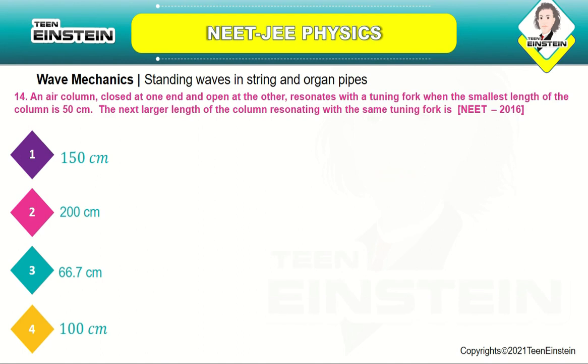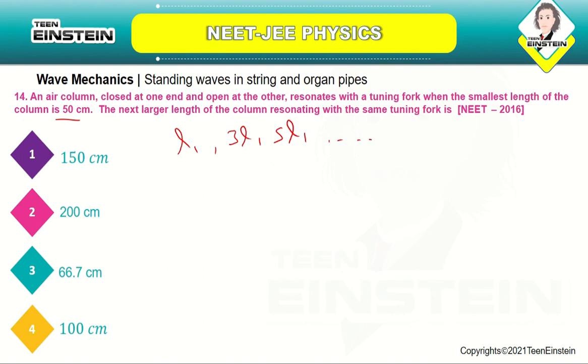So lengths for resonance are also in the sequence L1, 3L1, 5L1, like that it goes on, where L1 is the minimum length of the column with which resonance occurs. Okay, so the next length is given by 3L1. They have given the smallest column as 50 centimeters, and they want us to find the next larger length of the column.